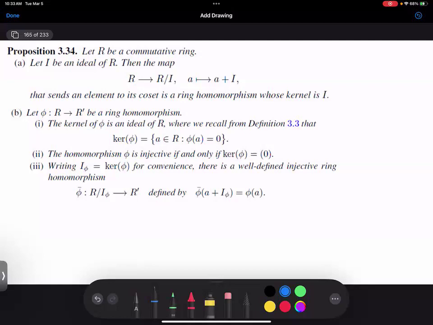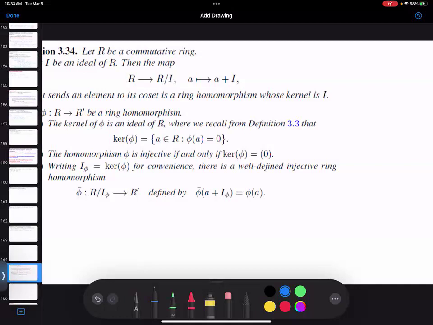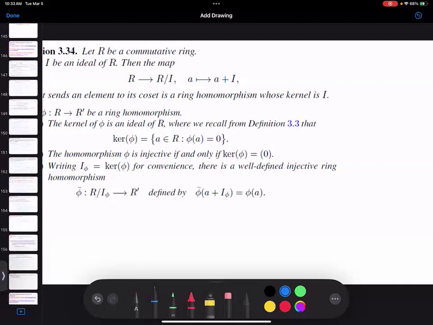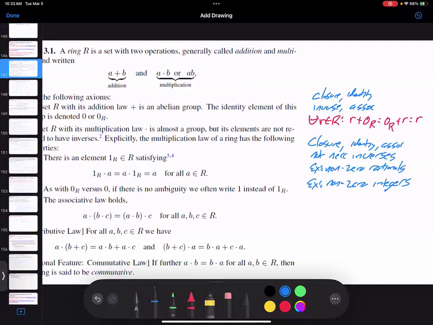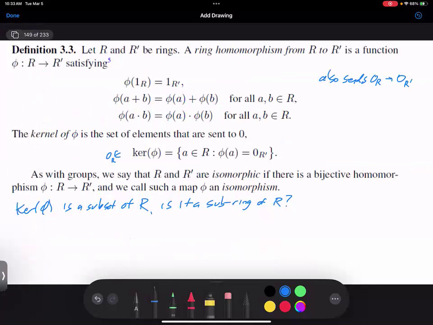Is everything reasonable? Part B, let phi from R to R prime be a ring homomorphism. So let's see. One of the advantages of doing the lectures like this is I should be able to just quickly go back. Yes. And here is the definition of a ring homomorphism. A ring homomorphism has three properties. It sends the multiplicative identity to the multiplicative identity.